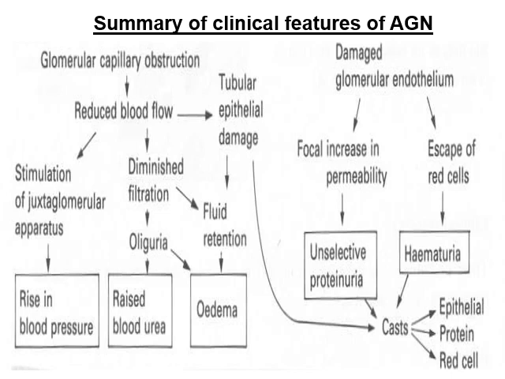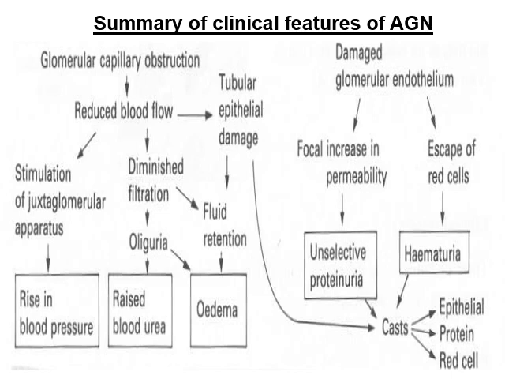This is the obstruction of the glomerular capillary by the immune complex, leading to reduced blood flow, leading to tubular epithelial damage, leading to fluid retention and what? Edema. Also, the reduced blood flow leads to diminished filtration, oliguria, and a rise in blood urea nitrogen, and we're also going to stimulate the juxtaglomerular apparatus because of the drop in renal perfusion pressure.